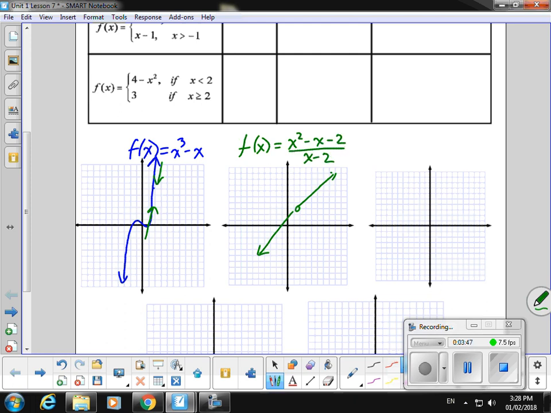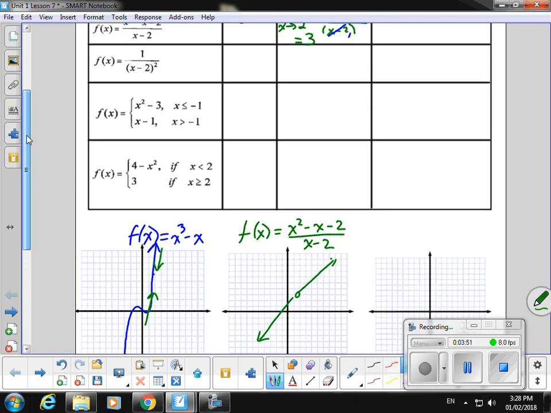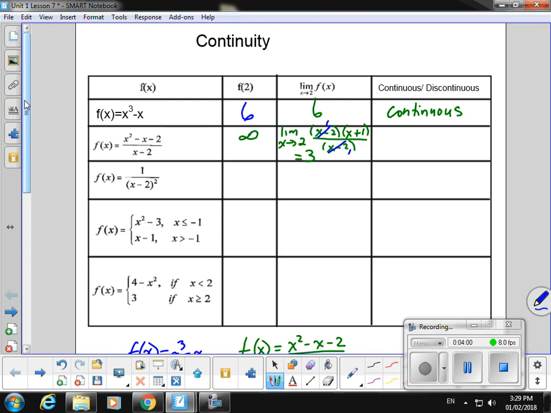So there is a hole there that's hard to see on graphing technology, but it does have a limit as you approach from the left and from the right, but it is not defined there, so that can happen as well. So we have our limit, but it's not defined. This is discontinuous at x equals 2.